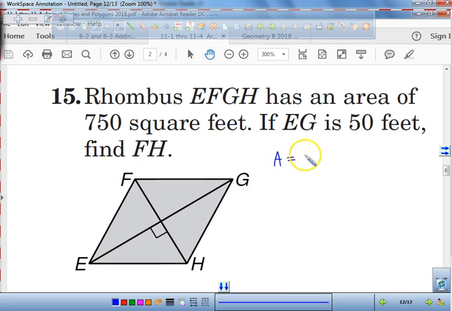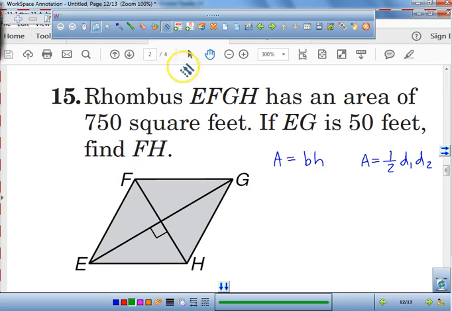Area equals base times height, or area is for recording. Just so you know, we are recording. Yep, that's what we're doing right now. The other formula is 1/2 diagonal 1, diagonal 2.